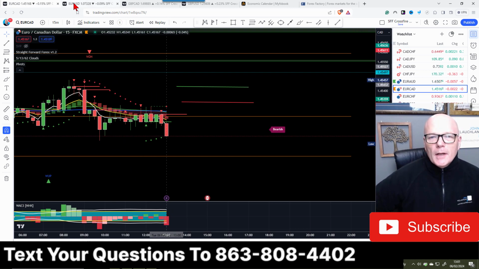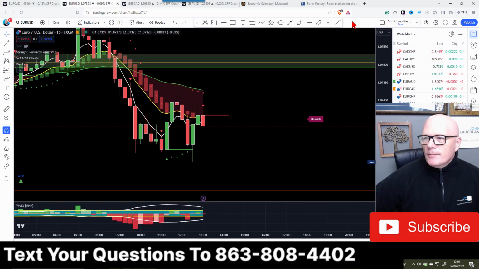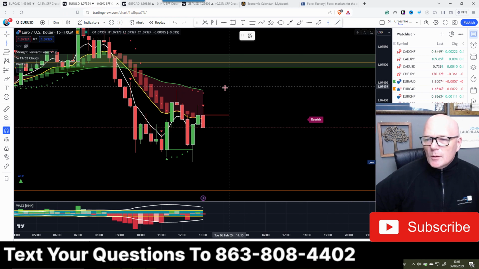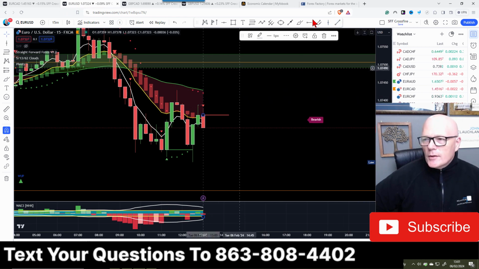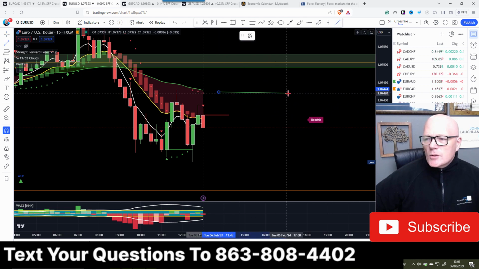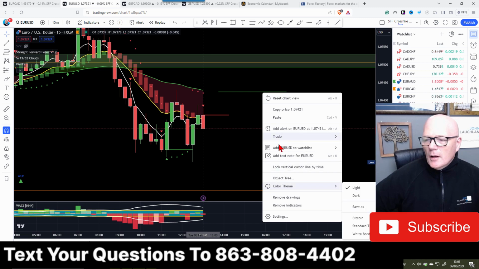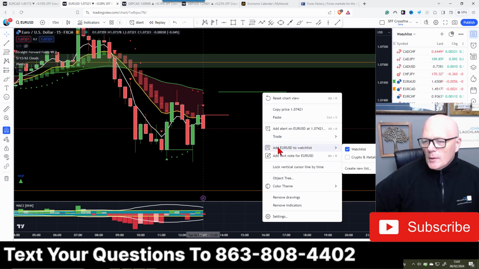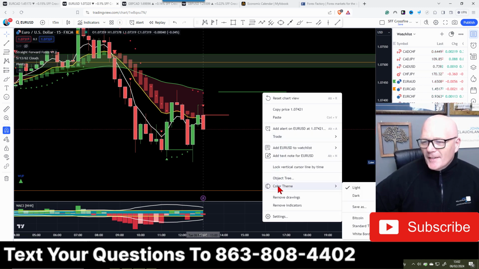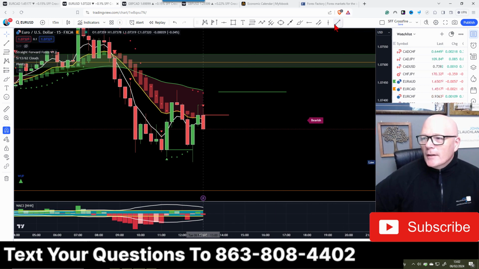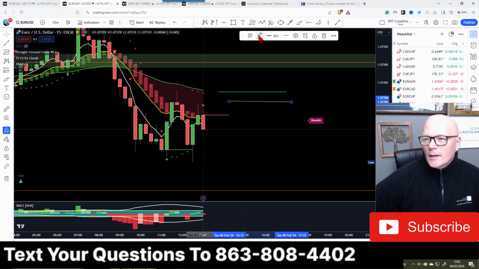That's just the nature of it. So anyway, Euro USD. We'll put a vertical line on the 1300 and a couple of trend lines on there. If we go to clone, I've lost where clone is now. So you know what, just click and do what you're used to. Right, there you go.